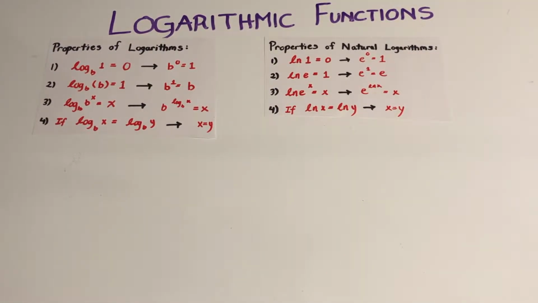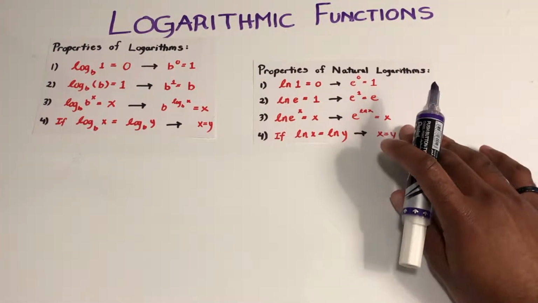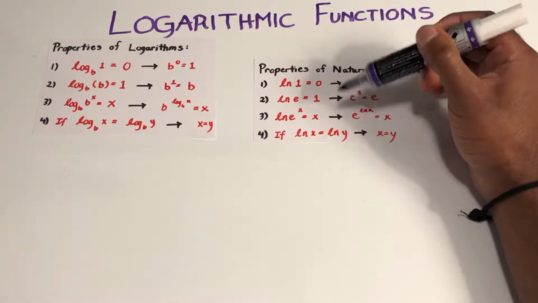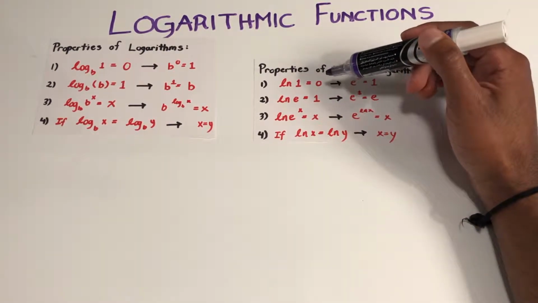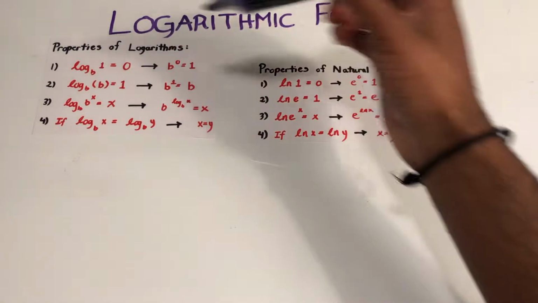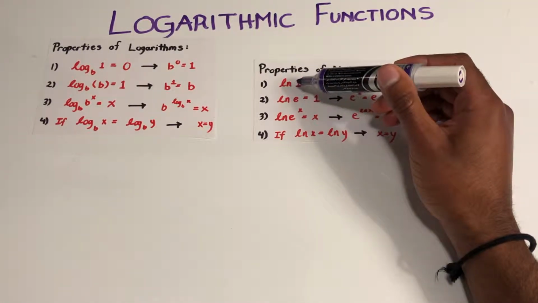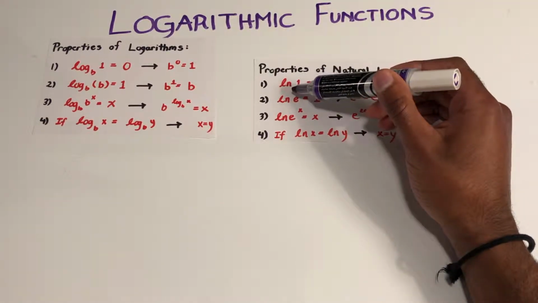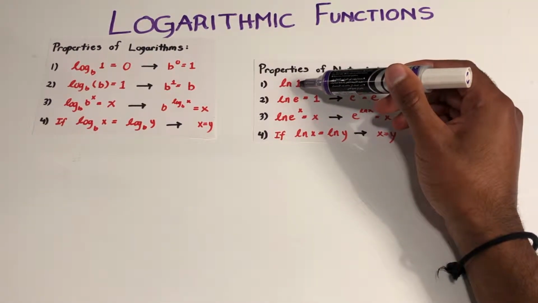Let's go ahead and look at the properties of natural logarithms first before we look at our problems here. We have the natural log of 1 is going to give us 0. Just like how the log has a base b, think that the natural log ln has a base e somewhere between ln and 1.